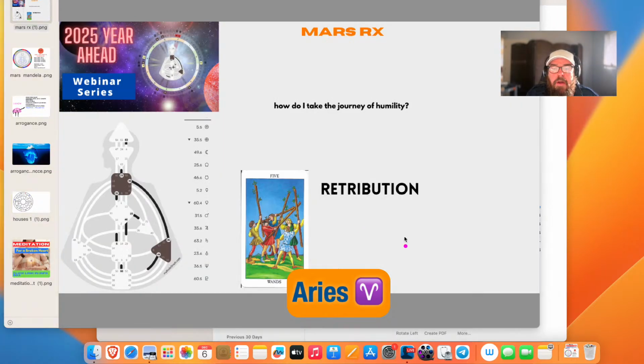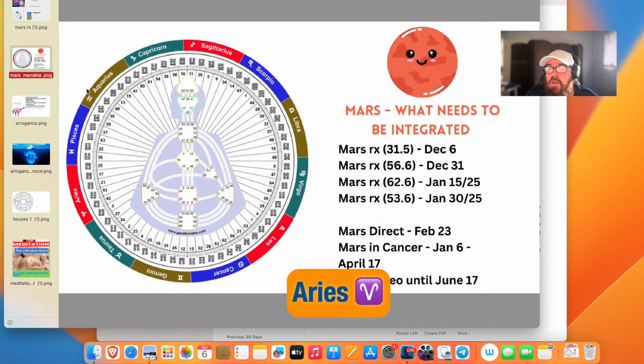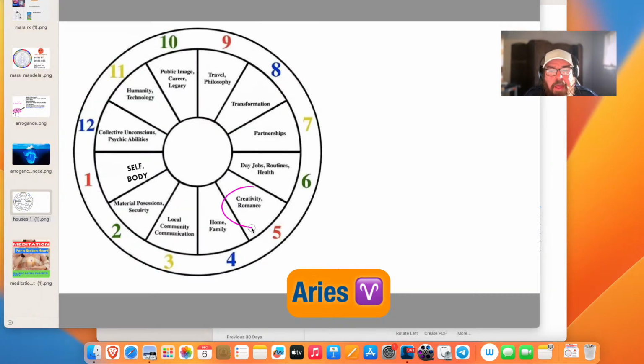So if you're in Aries, sun, moon, or rising, then it's going to be affecting your fifth house, right? So if you're a parent, because this rules children too, you may have some stuff around children.